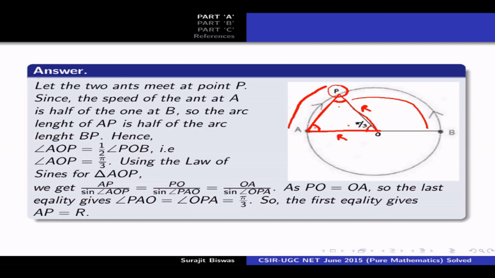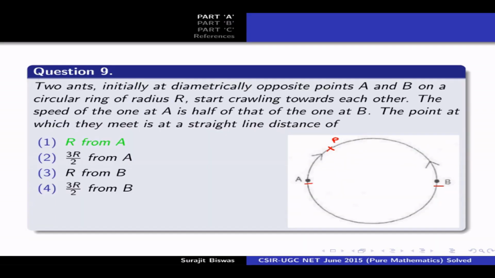So the first equality gives that this is pi by 3 angle AOP, and this angle PAO is also pi by 3. Therefore we have AP equal to PO, but PO equals R, so AP equals R. So the straight line distance of the meeting point P from A would be equal to R, and so this is the correct option.